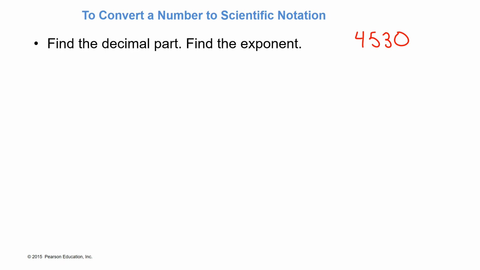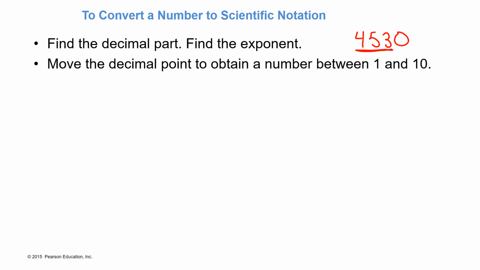So this is the part that we're looking at as far as our decimal part. Now, if I want to put this in decimal form and I want to put it to a ones place, what do I need to do? 4.530. So I need to move the decimal place to get between 1 and 10. I don't have a decimal here, but it's assumed.